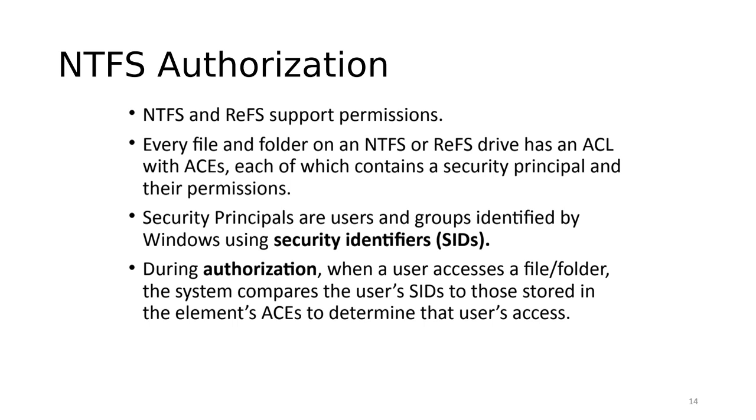Security principals are users and groups identified by Windows using SIDs. During authorization, when a user accesses a file or folder, the system compares the user's SIDs with the stored SIDs on the server. According to this, it will allow or disallow. All right? As simple as that.